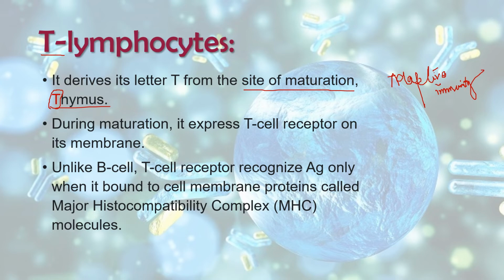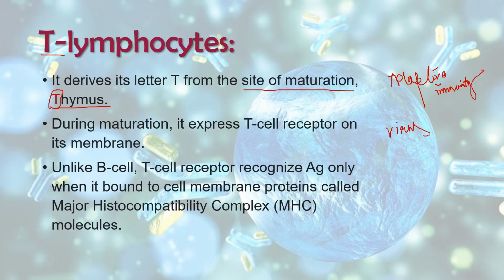They kill infected host cells, that is cytolysis, can activate other immune cells by producing cytokines, and also regulate or suppress the immune responses. The T cells have a central role in generating immune responses against viruses.